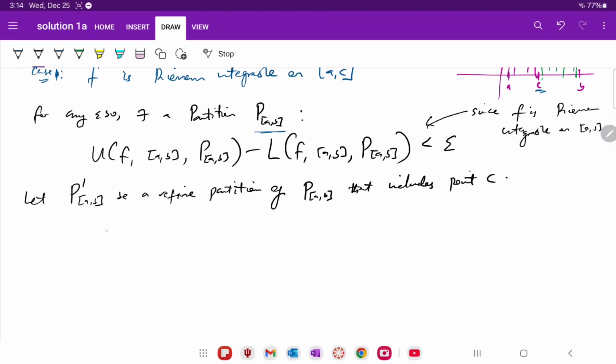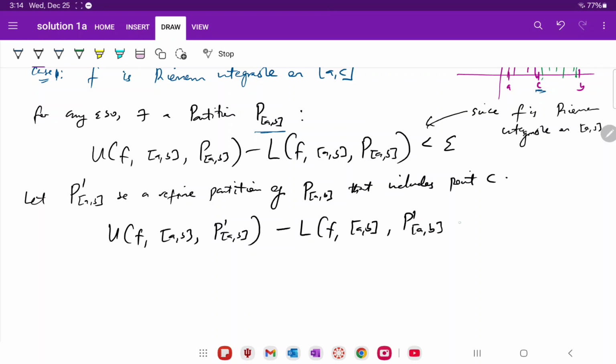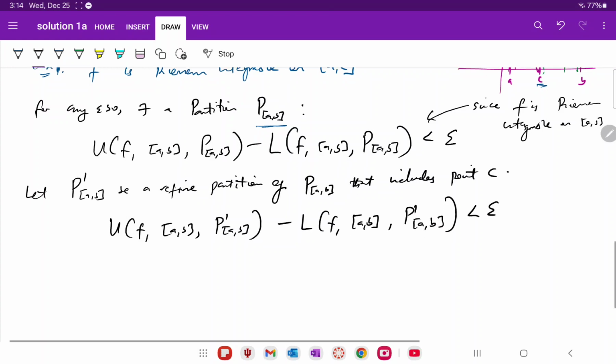So in whatever case, the difference of the upper and lower Riemann sums with the new partition will still be less than epsilon. So you can also check that out.